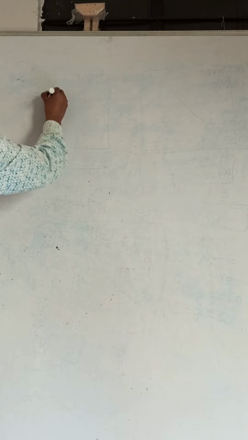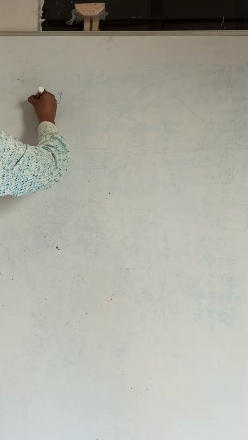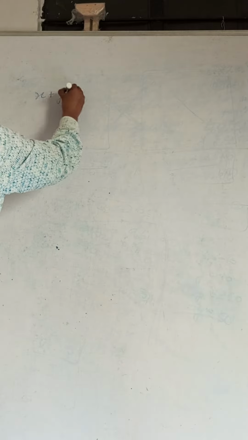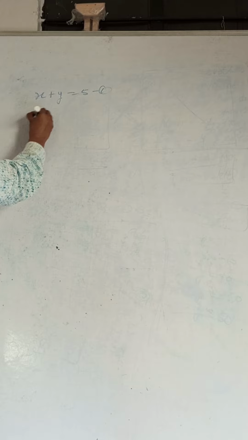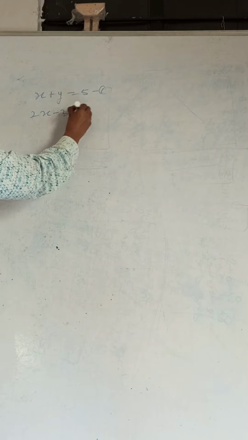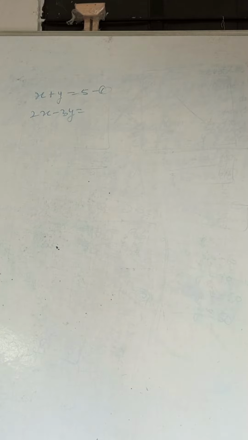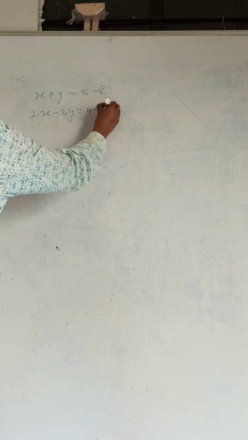Okay, let's take any example. X plus y is equal to 5. This is equation number 1. And another one: 2x minus 3y is equal to 4. This is equation number 2.